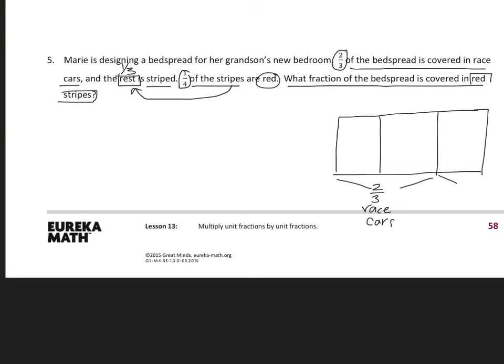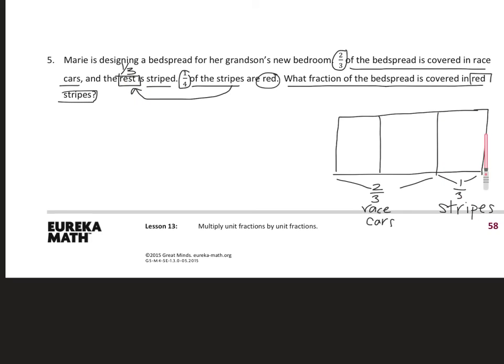And the rest, this 1/3, is stripes. It's kind of a weird bedspread to have, two sections over the left be completely race cars and then one section to be stripes. All right, so now we've got 2/3 right here is covered in race cars, and 1/3, which is the rest, is striped.